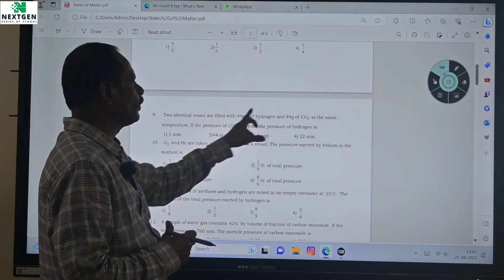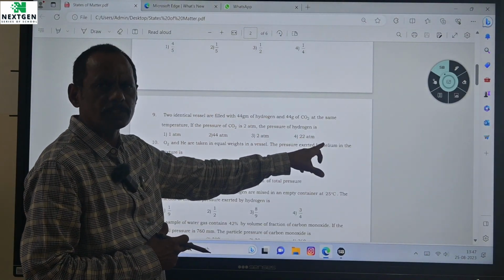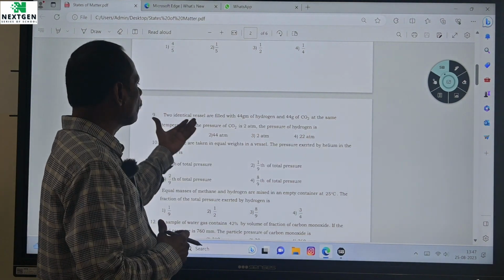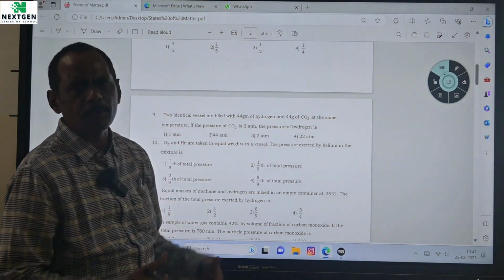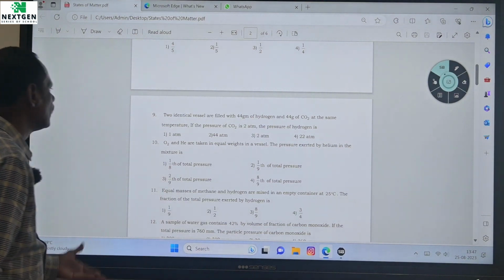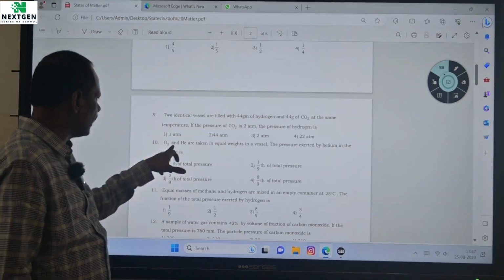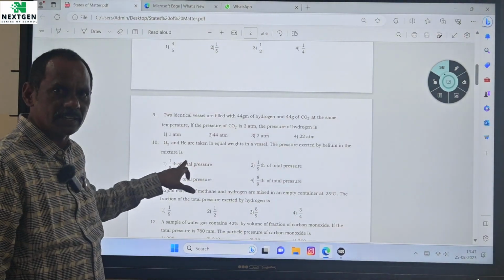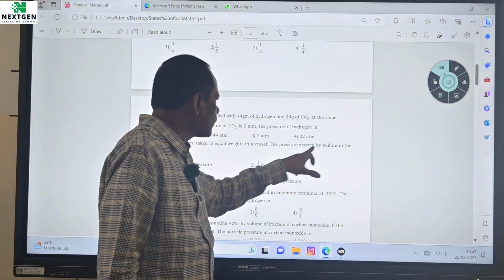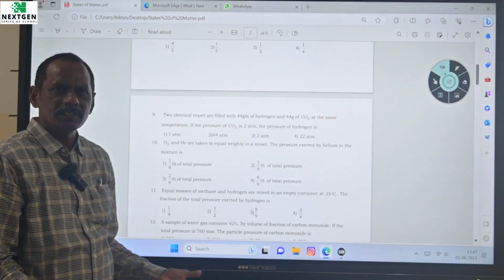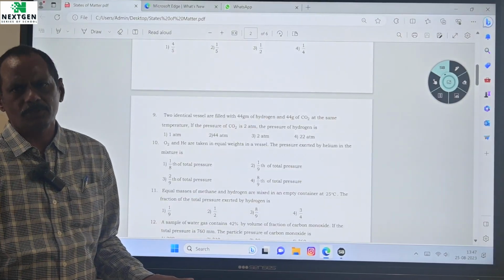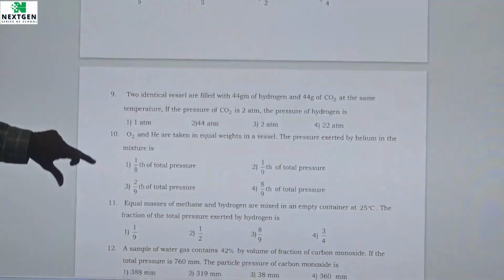Calculate the number of moles of hydrogen and the number of moles of oxygen. Because the partial pressure of one gas is given, you can calculate the partial pressure of another gas. Yes, in the 10th question, oxygen and helium are taken in equal weights in the vessel. Again, equal weights are taken. The pressure exerted by helium in the mixture is the same as the first question. That's all. These are the first 10 questions.